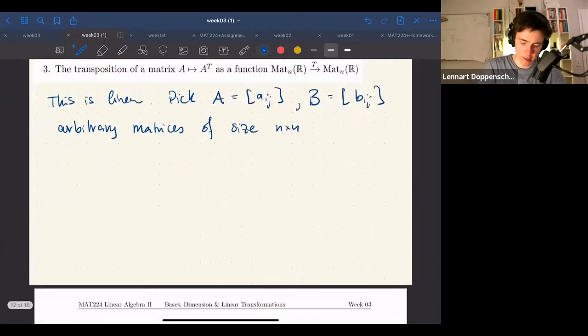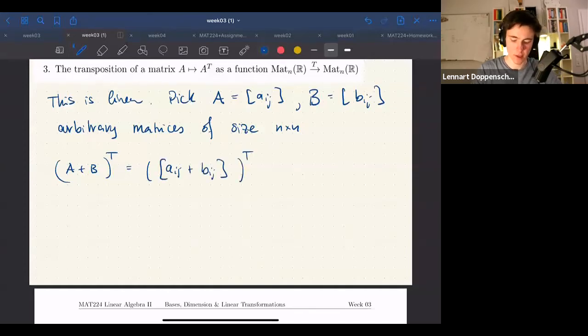And then we see that the sum of A plus B, if we apply the transposition, then what is the sum? The sum of two matrices is defined component-wise. So for each index pair ij, we add the numbers that are in the matrix. So this means we're going to have aij plus bij.